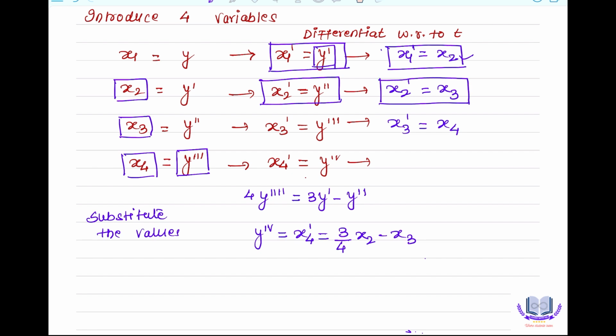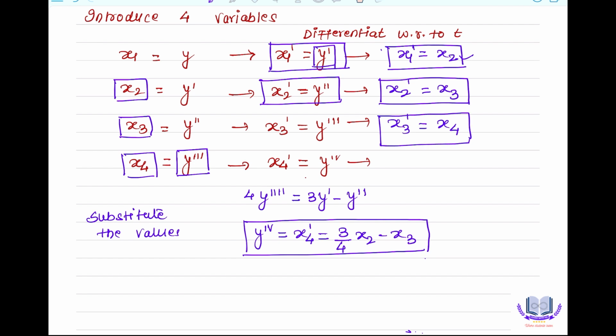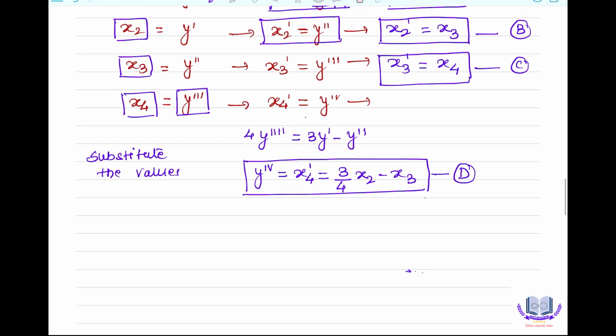So we have to substitute here. So now we have 4 equations. Let's see how many equations we have. This is my first equation, this is another equation B, this is C and this is D. Right. So now I have the fresh system of equations.